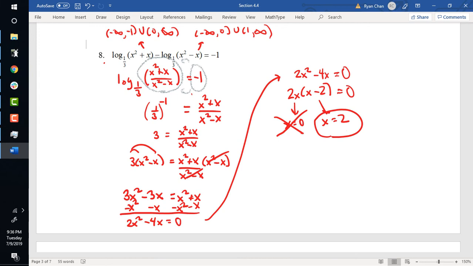So the strategy is you want to try to get rid of all of your logs. The second part is you solve for x normally, and then make sure you find your domain. For people doing these types of problems, the trickiest thing is that some people have problems getting rid of their logs.